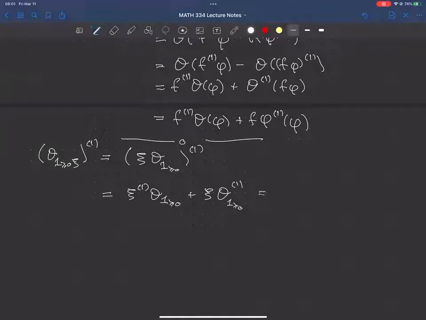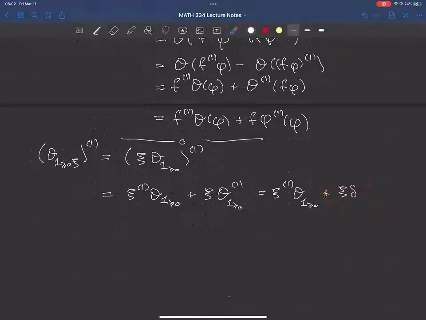Okay, so this is C1 theta 1 greater than or equal to 0 plus C delta. Now what's this?